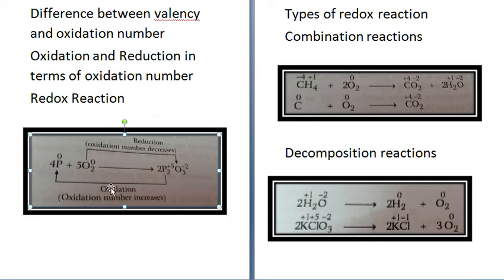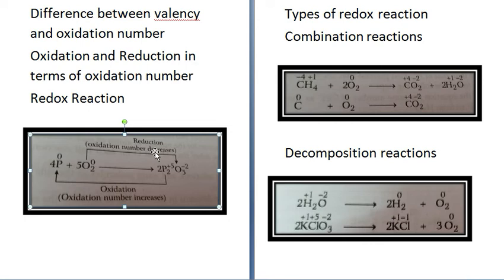Now in this case, 4P, phosphorus has combined with no other elements, it is in the uncombined state, so the oxidation number of phosphorus is 0. Oxygen also is in the uncombined state, so its oxidation number is 0. And in P2O5, the oxidation number of phosphorus is +5 and oxygen is -2.